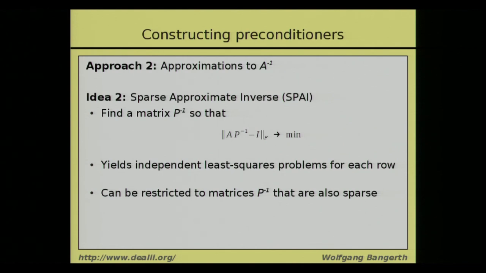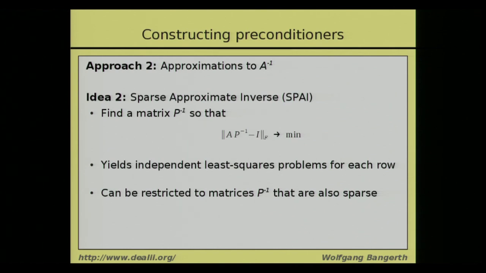If I take the Frobenius norm of this, it's relatively easy to see that this gives me a problem where I need to minimize the sum of squares for each row, where I can compute each row of P^-1 separately.